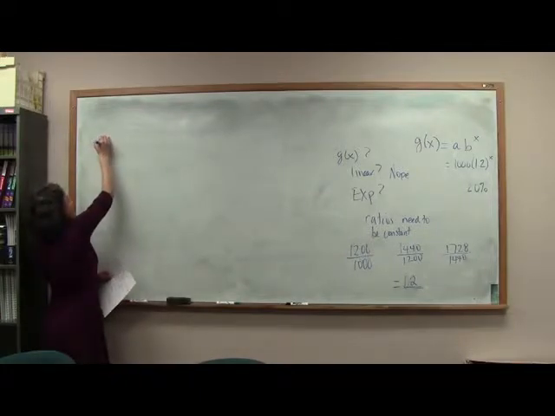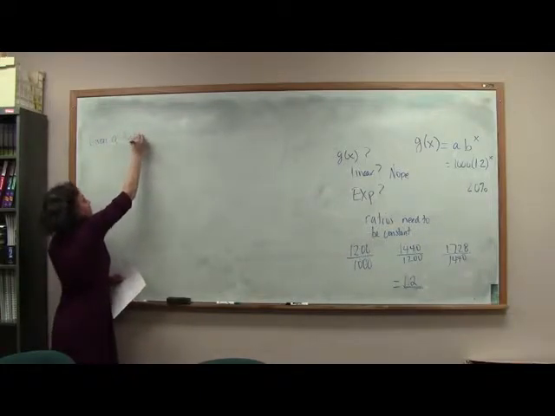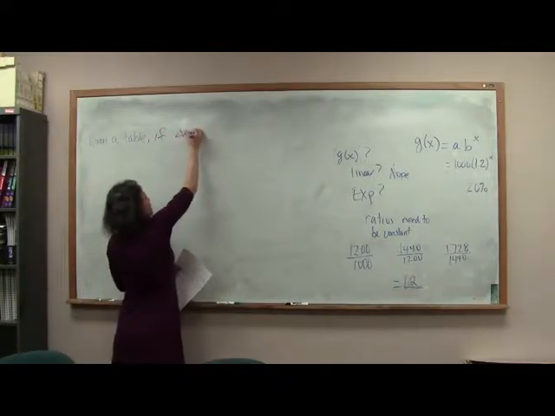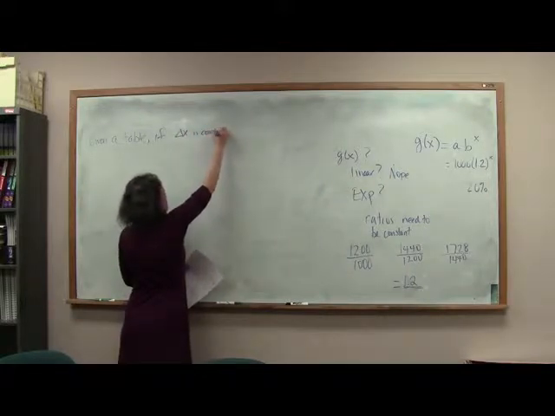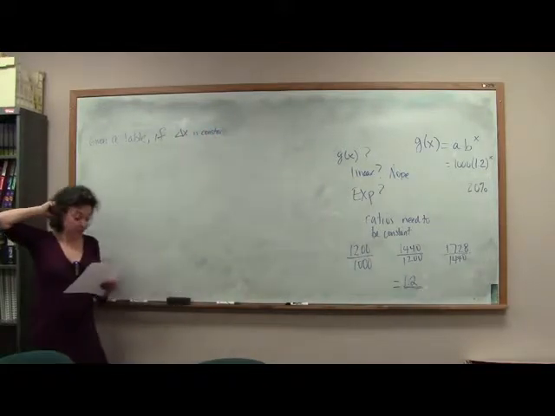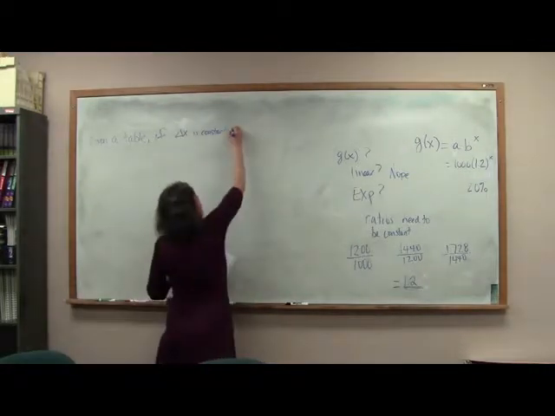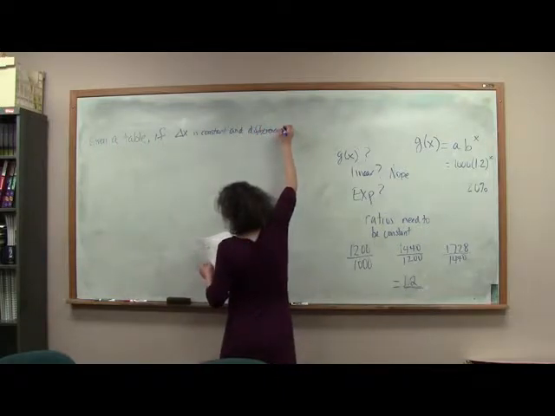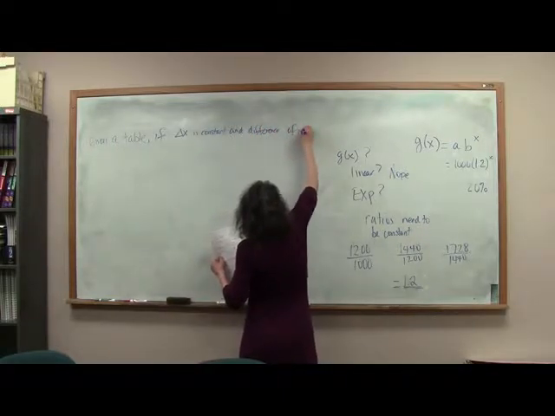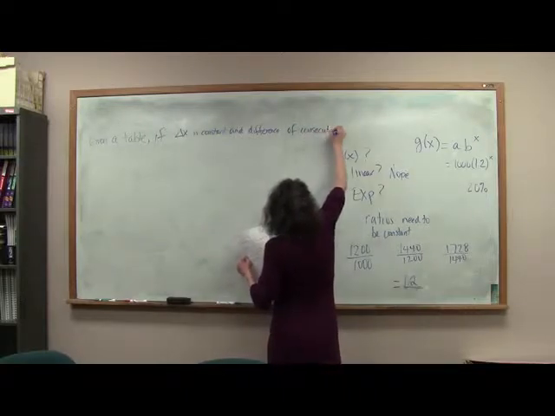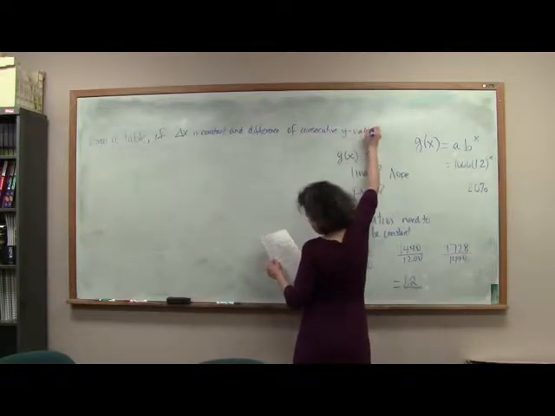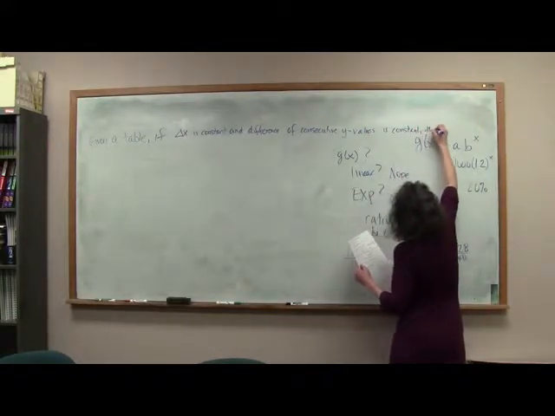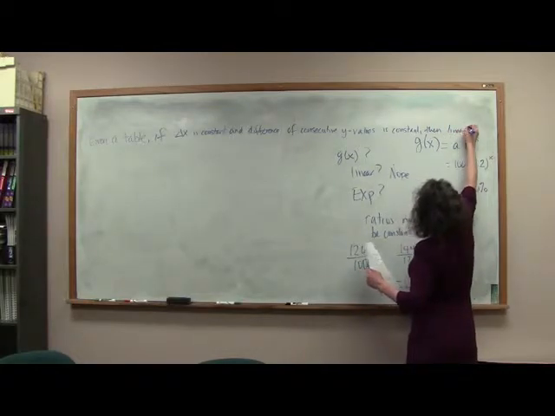So, given a table, if the change in x is constant, okay, you need to be sure that your x values are also changing by the same amount, and the difference of consecutive y values is constant, then you have a linear function.